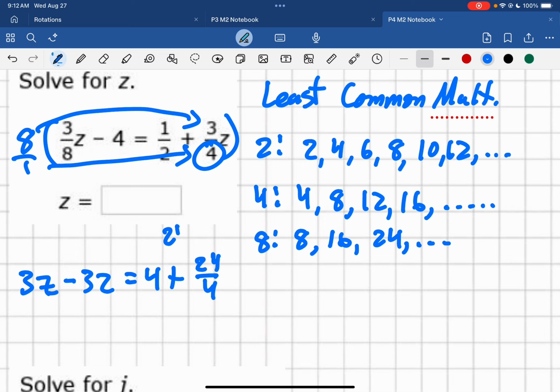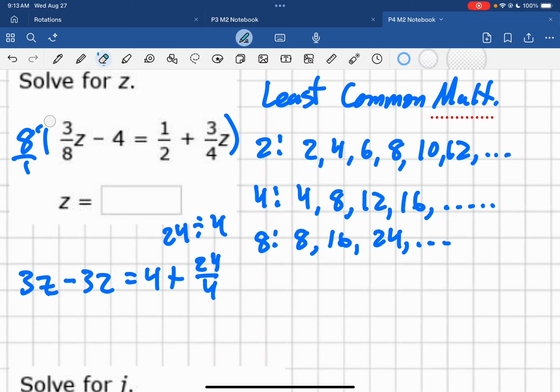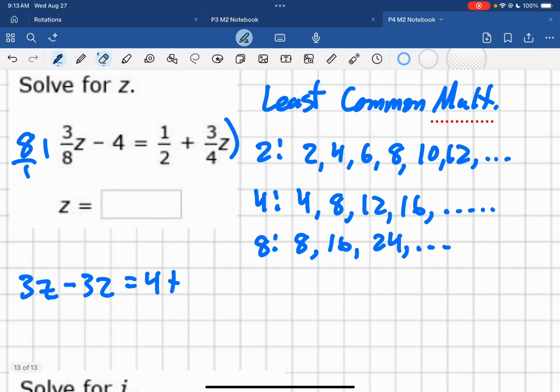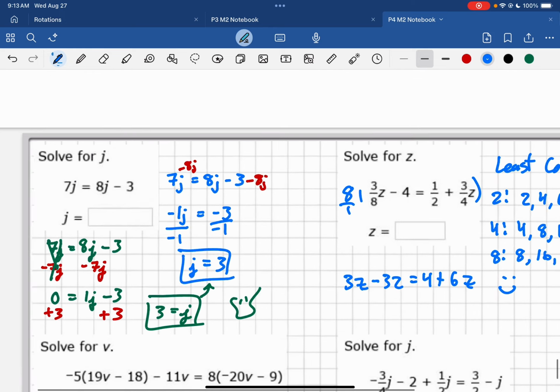And what is 24 divided by 4? That is 6. So we don't need all this stuff right here. Let's put our 6 right here instead. And you'll notice we had good news. No more fractions. Woohoo!